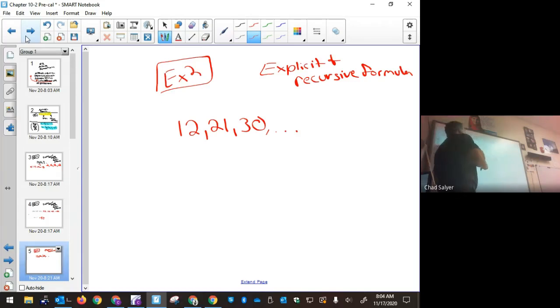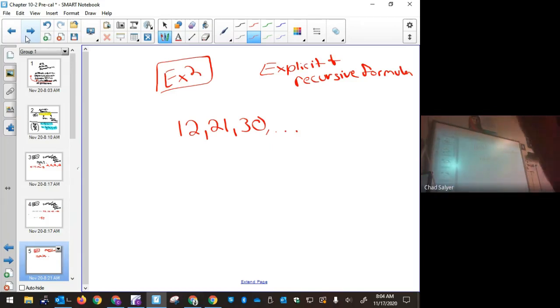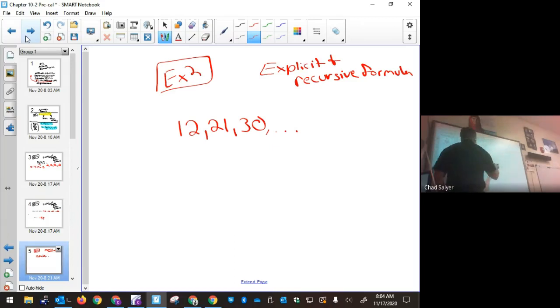Okay, explicit and recursive formulas. Given a sequence, can we write an explicit and a recursive formula? Well, first of all, an explicit. This is our a sub 1, which we'll need. And the difference between these two is 21 minus 12, which is 9.